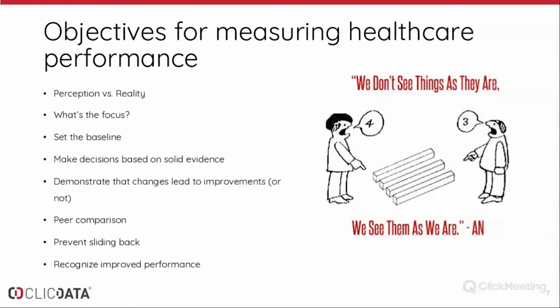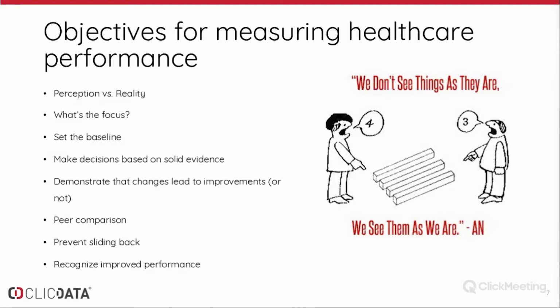Just to talk about what the objectives for measuring healthcare performance may be. We always talk about perception versus reality, and one person's perception versus another person's perception may not always align, and we may see things a little differently. So one of the objectives within performance measurement is to really get an idea of what our focus is.